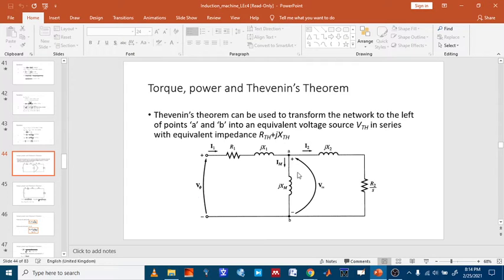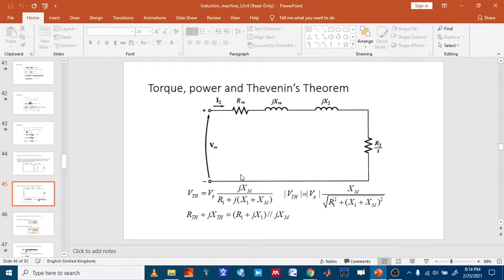This is the voltage divided. If you want to calculate the voltage across this terminal, use this equation. That is the same as the Thevenin voltage.